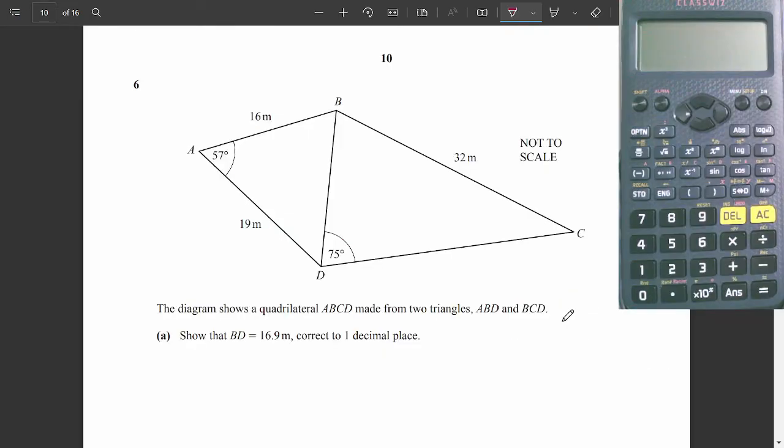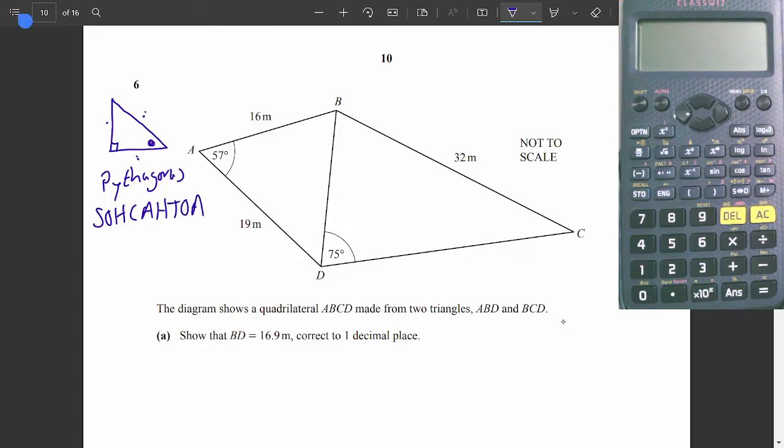Question 6, triangles. Triangles means trigonometry. Now, if we have a right angle triangle and we're working with the sides, we know we use Pythagoras. If we've got a right angle triangle and we're working with angles and sides, we know we use SOHCAHTOA.